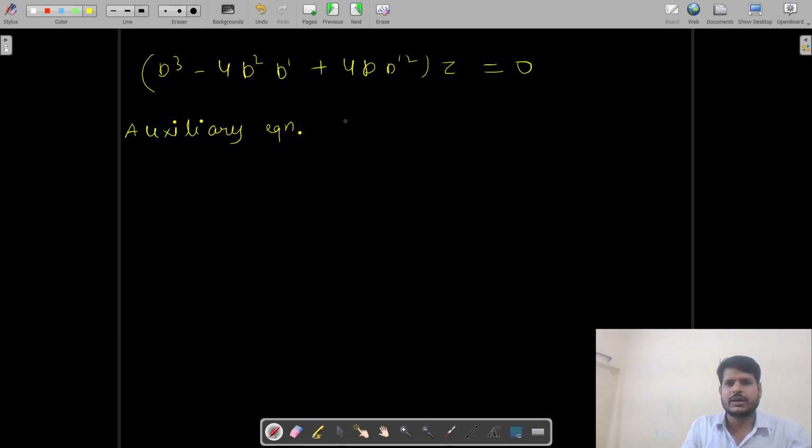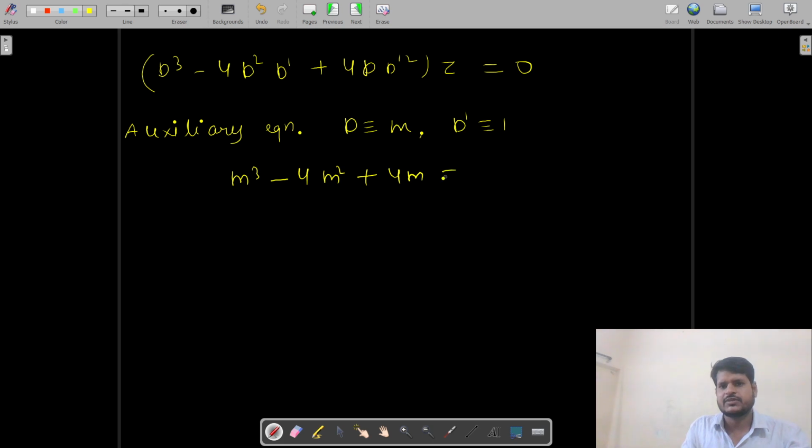For the auxiliary equation, you have to replace capital D by small m and d dash by 1. So this becomes m cubed minus 4 d dash square, so 4 m square, plus we have 4 m.